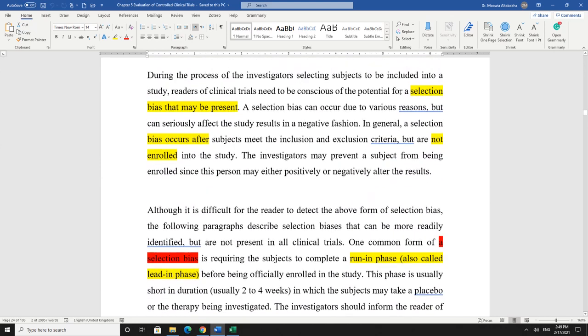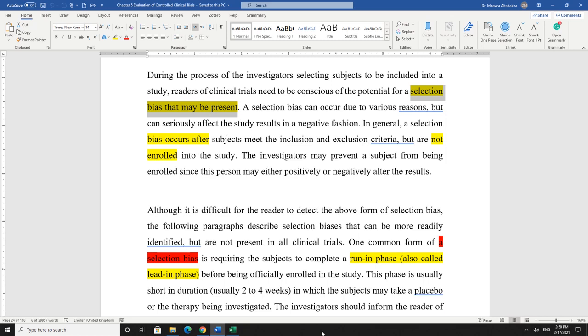طيب, now selection bias can be present. Okay, let's say, and I will assume the following, that you did a good listing of the inclusion criteria and the exclusion criteria. Everything was going good, but then for some reason after recruiting them you removed some subjects.